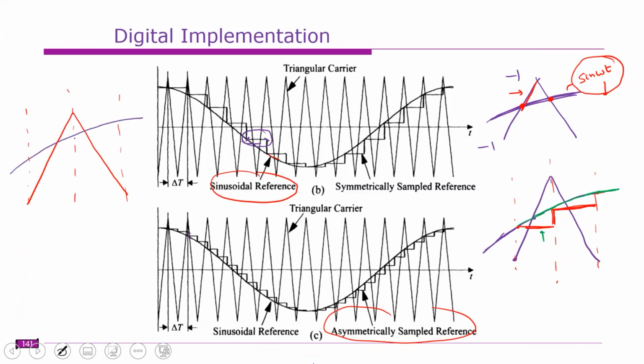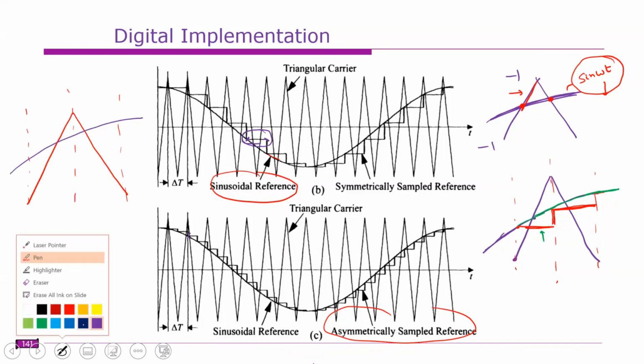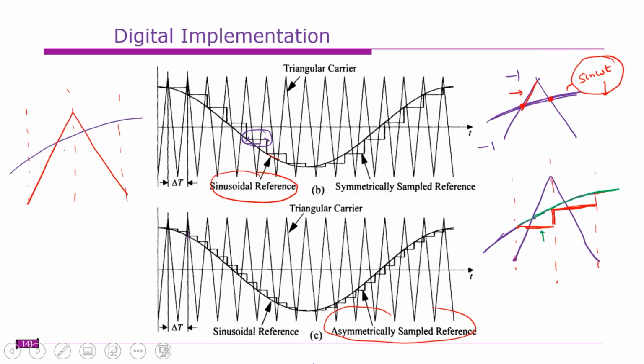If this is the positive peak, from here onwards it is sampled, and the curve will be something like this. Until it reaches the next cycle, this value remains constant. This is known as the symmetrically sampled and asymmetrically sampled reference.